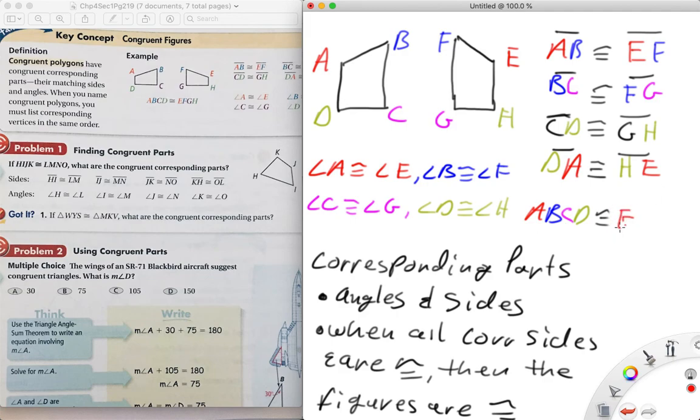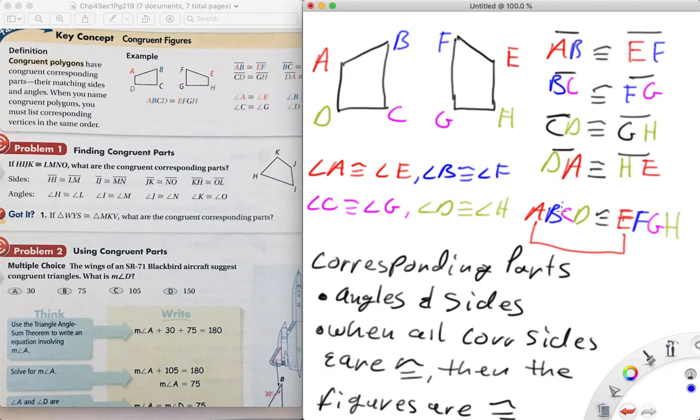I want you to recognize something, and this is important. How it's labeled is extremely important. EFGH is labeled according to its corresponding vertices. A corresponds to E, so if I have A first, I have to have E first because they're corresponding angles.